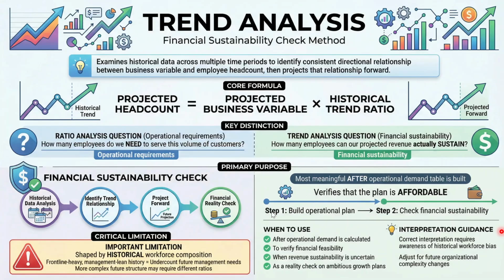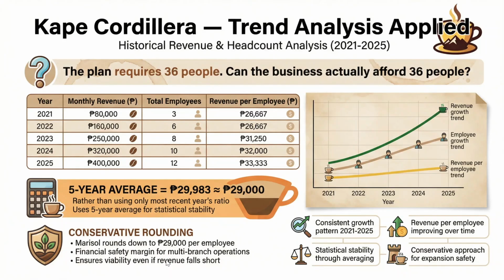So, kino-compute natin yan based on historical workforce composition. Okay? Let's say, for example, sa Cafe Cordillera, 36 yung demand natin, di ba? Yan yung kinakailangan natin para sa ating 3 branches. So, we look at the historical data ng ating organization. Based on the 5-year operations ng ating single branch, ito yung kanyang revenue per employee.